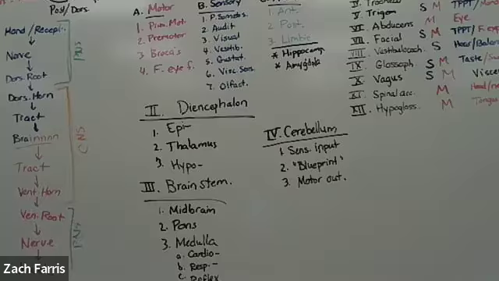Your hypothalamus, which is associated with what part of the brain? Diencephalon. That was a lot I just threw at you. But if you can do those types of things, you can apply these. That's when you know that you've really got it down.